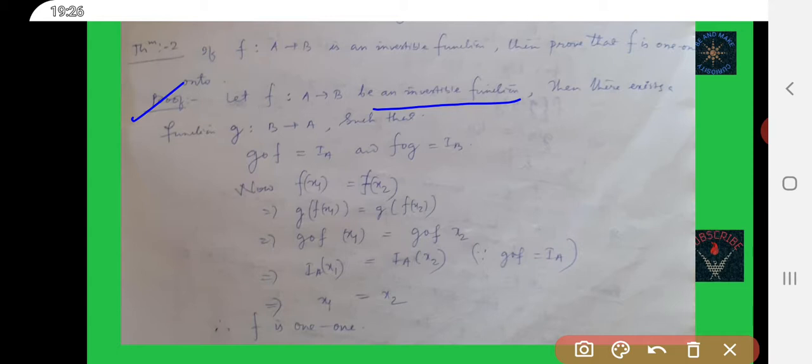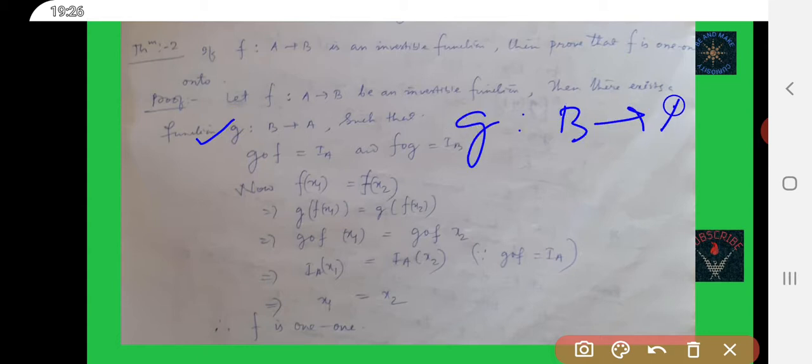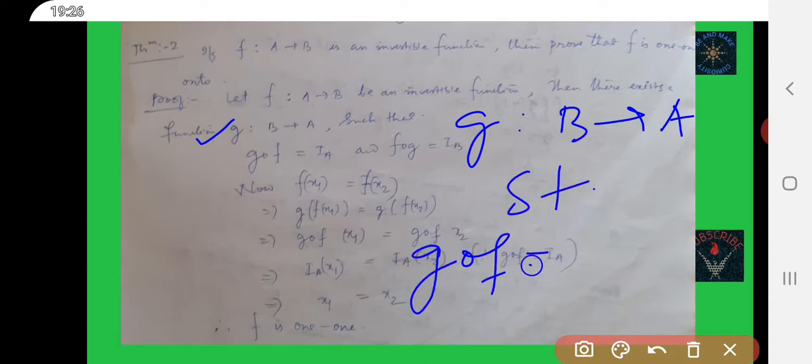As the function is invertible, there must exist a function, let it be g, which is mapping from B to A, such that the two conditions hold: g o f is equal to I_A, and f o g is equal to I_B.